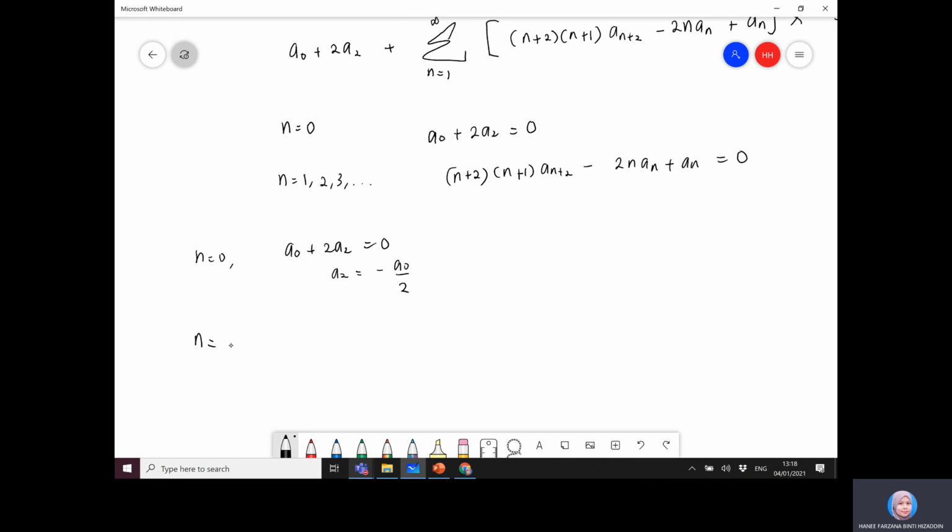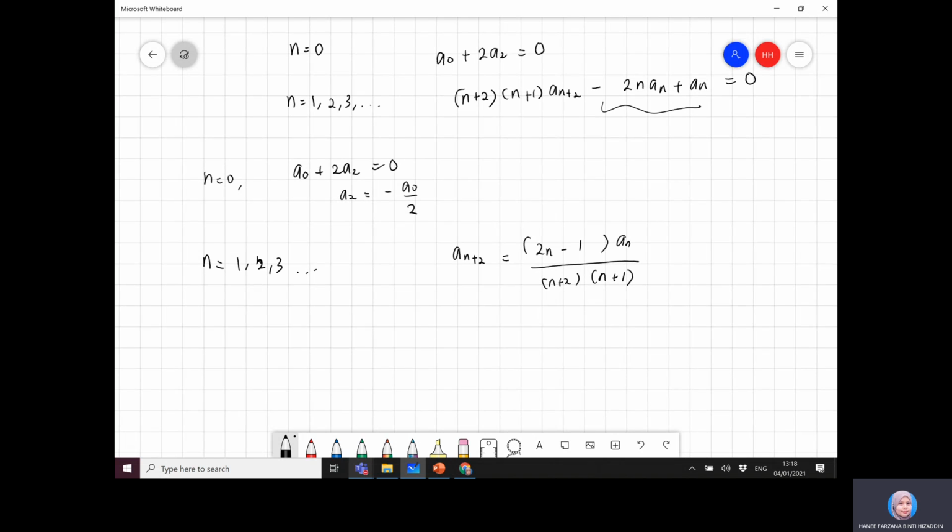For n equals to 1, 2, 3, and so on, you have a sub n plus 2 equal to, well, you can factorize this a_n out and you have 2n minus 1, divided by n plus 2 and n plus 1.